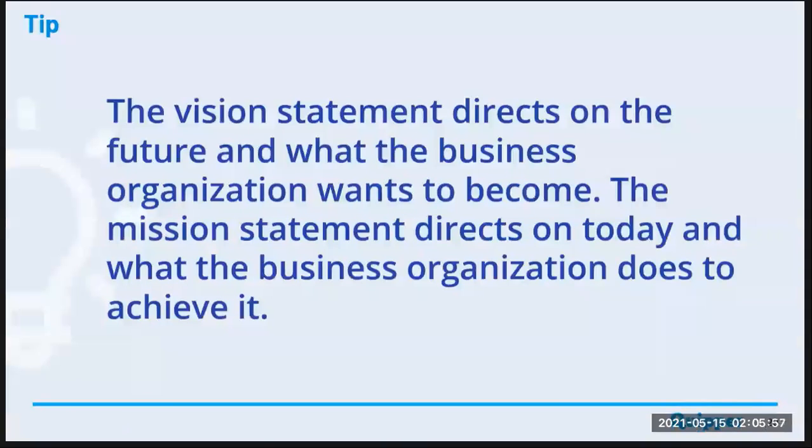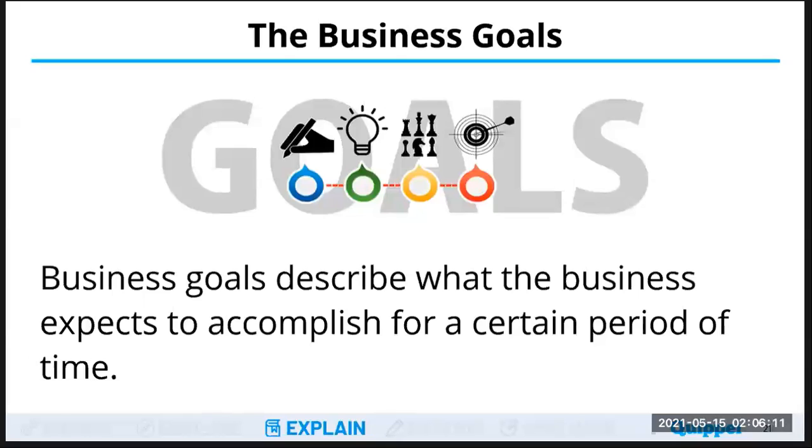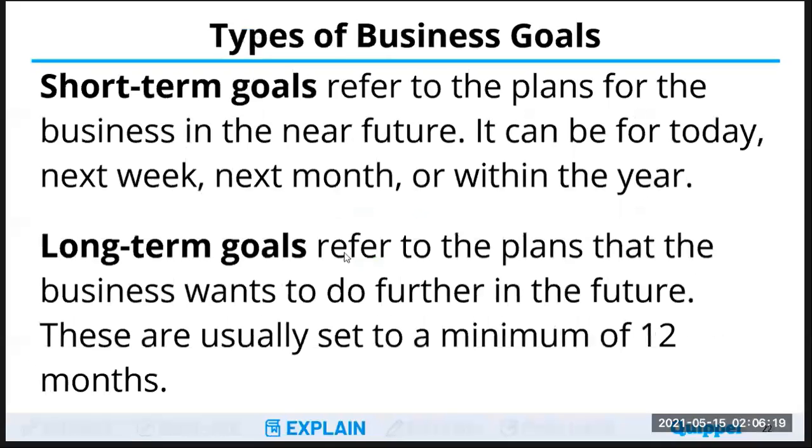So the vision statement directs on the future and what the business organization wants to become, while the mission statement directs on today and what the business organization does to achieve it. So yeah, business goals describe what the business expects to accomplish for a certain period of time.